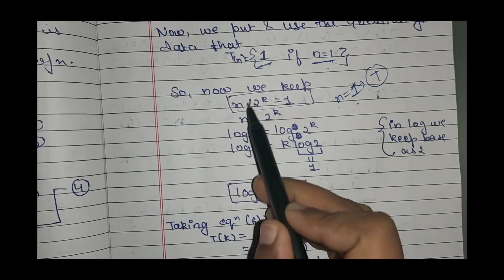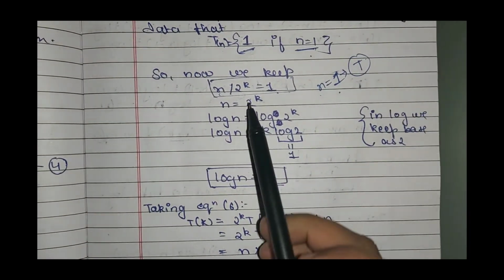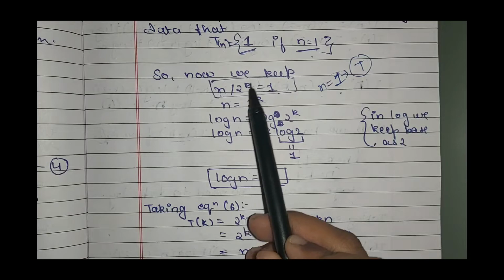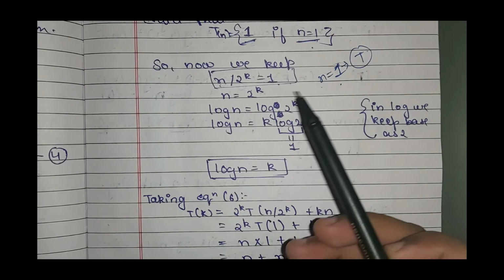So we'll write n divided by 2 raised to the power k is equal to 1. Now we'll solve it. We'll move our 2 raised to the power k to this side, so n is equal to 2^k. Now we use the concept of log.